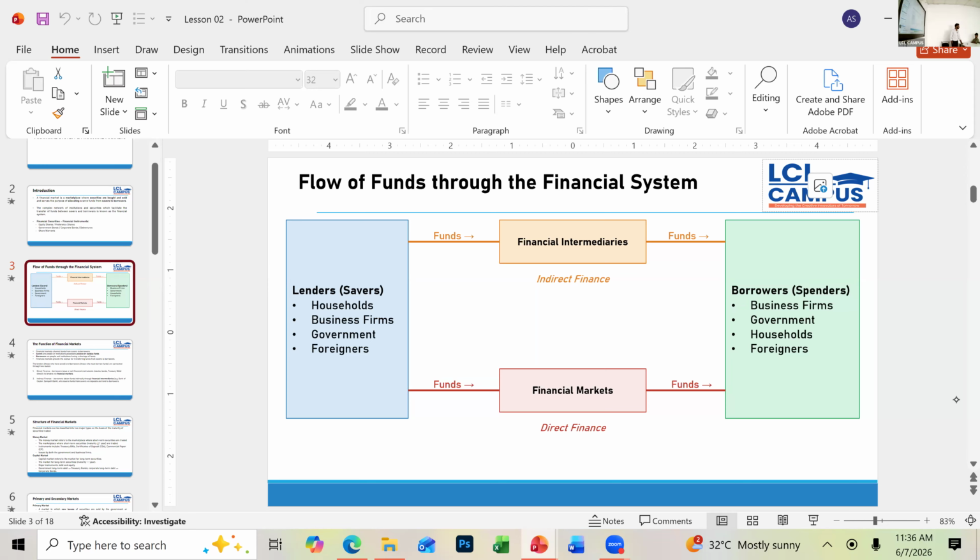If trading happens through financial intermediaries, what is that? Yeah, indirect finance. What's the other one? Direct finance, through the financial market. Very good. You should draw this one.